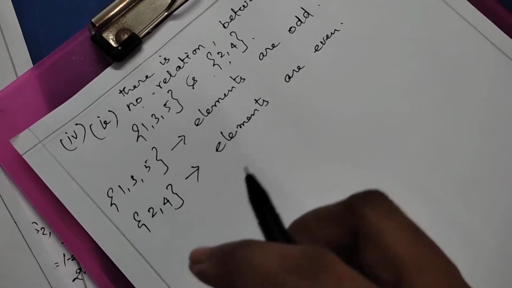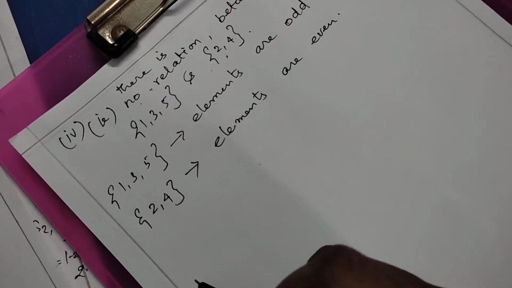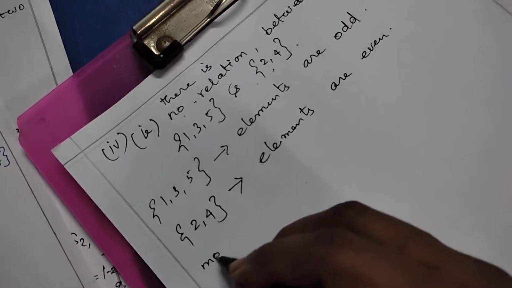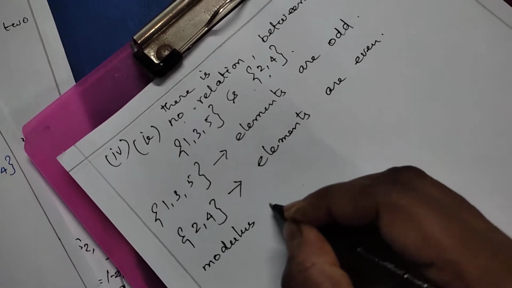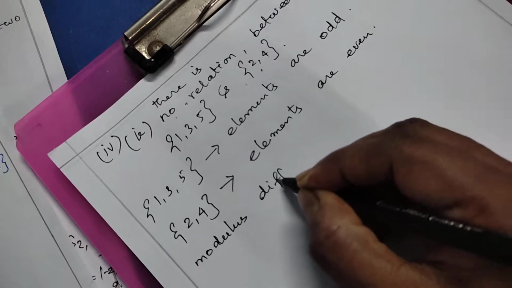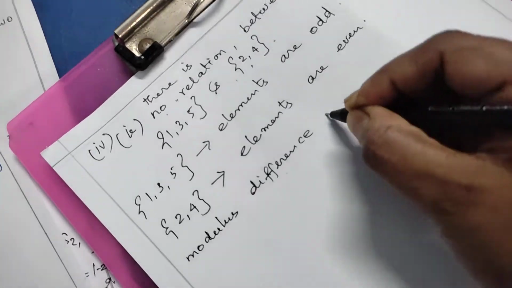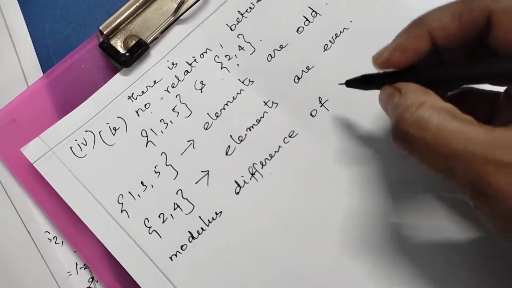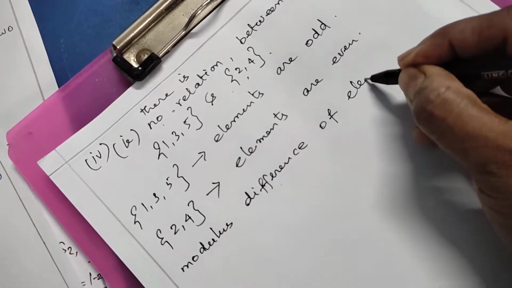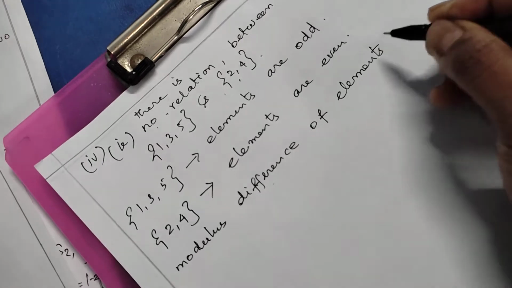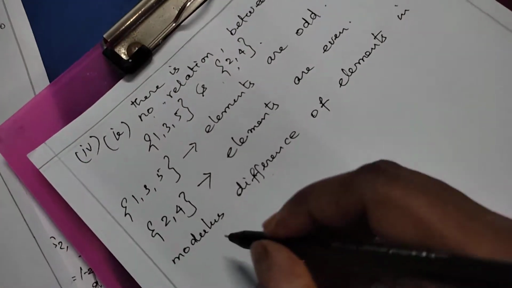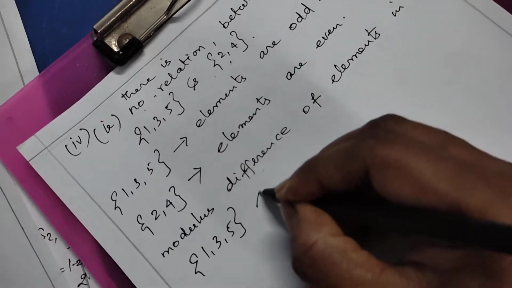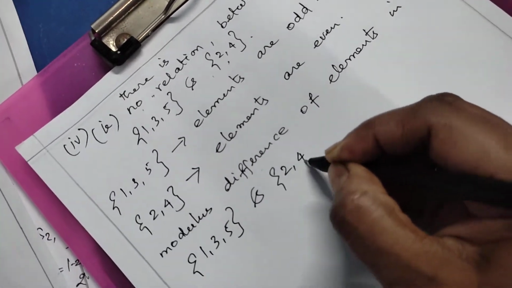Next we have to take the modulus difference of elements in the set 1, 3, 5 and 2, 4.